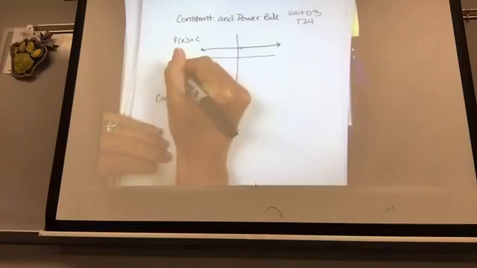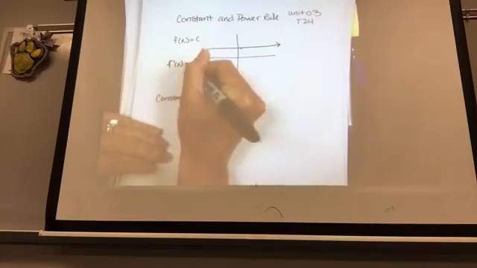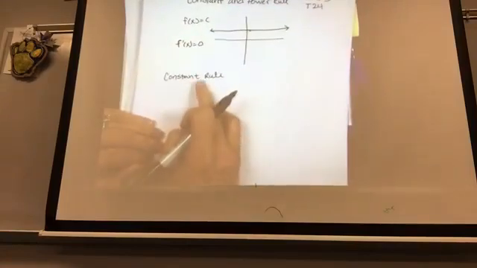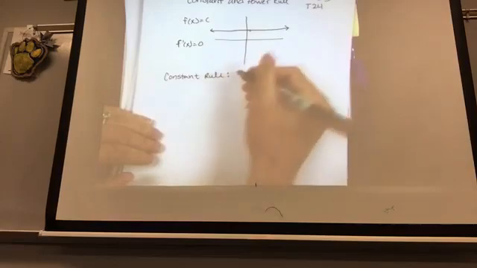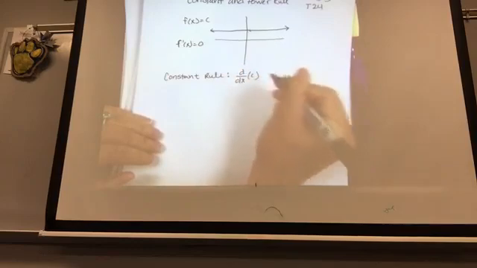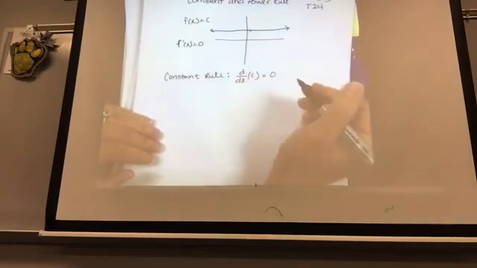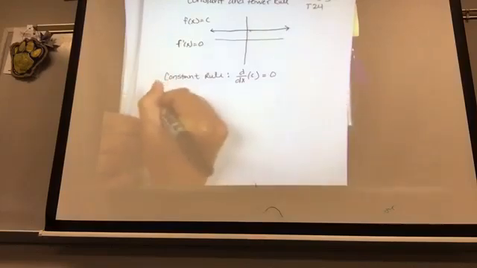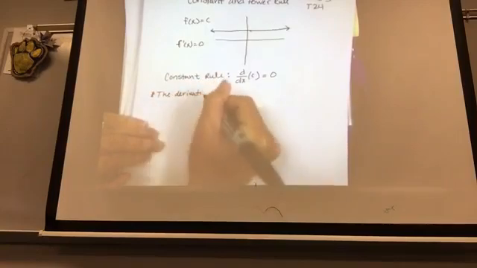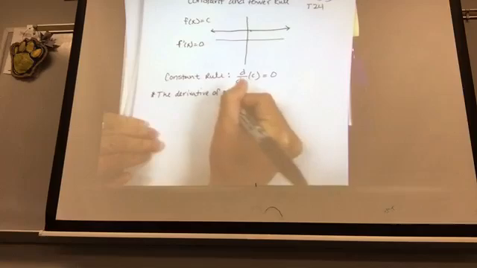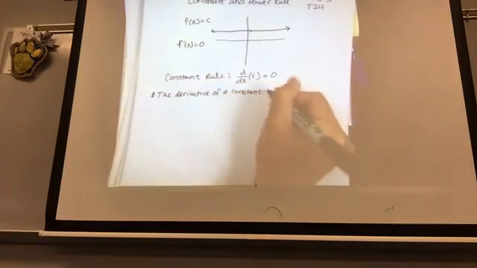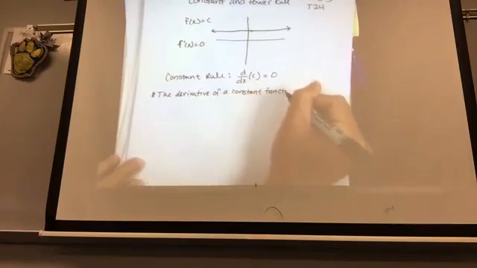And up here we can go ahead and write f prime of x equals 0, because the slope of a horizontal line is always 0. So our constant rule, we can notate as d over dx of c is equal to 0. So the derivative of a constant function is always 0.